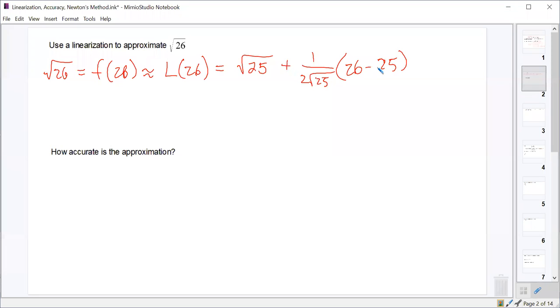And we just plug it all into the formula and get an answer. So root 25 is 5. This is a 1 times 1/10, so 5 plus a 10th, or 5.1.